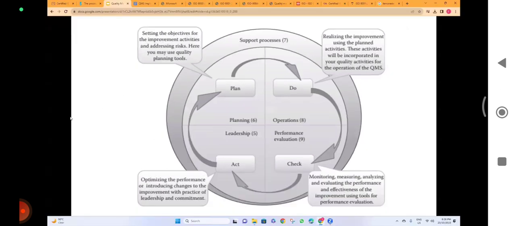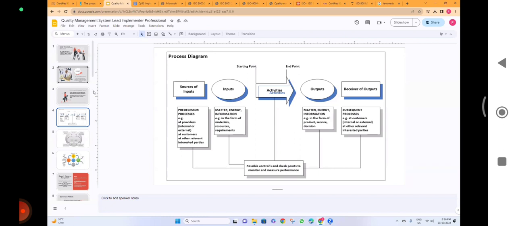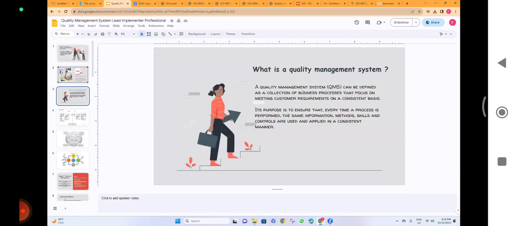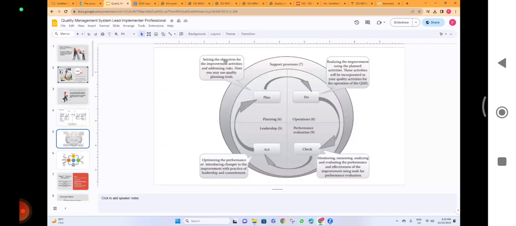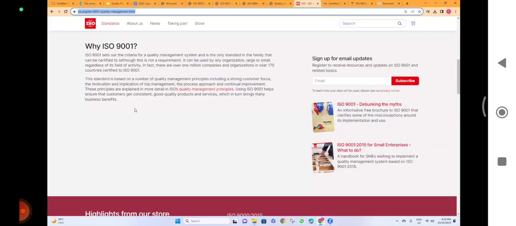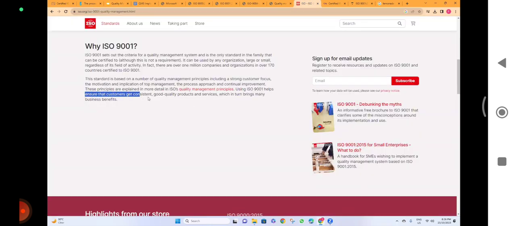That means you are going to look at the processes that focus on meeting customer requirements on a constant basis. Once you look at those processes, you have to set objectives for improvement. What can we improve so that we can ensure that customers get quality and good products and services?